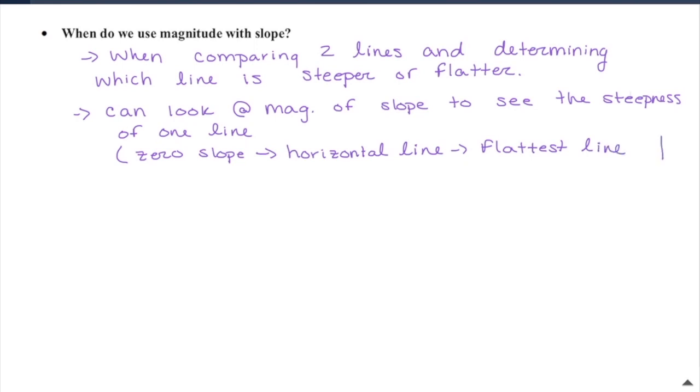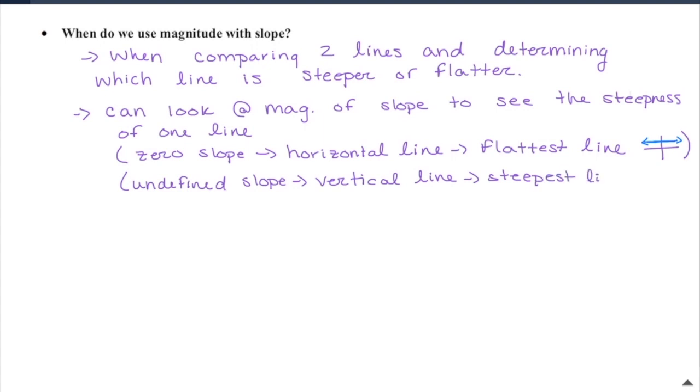Right, if I look at a graph on the XY plane, a horizontal line is the flattest line that I can have. If I have an undefined slope, that's a vertical line, and that's the steepest line I can have. Again, looking at an XY plane, a vertical line goes up and down. It doesn't get much more steep than that.